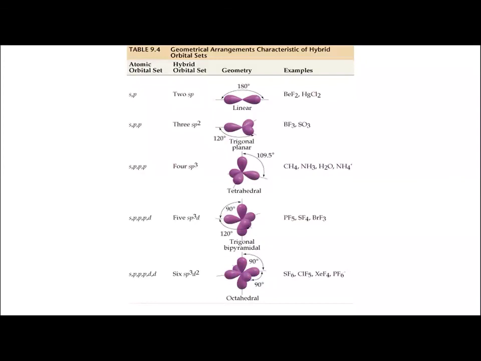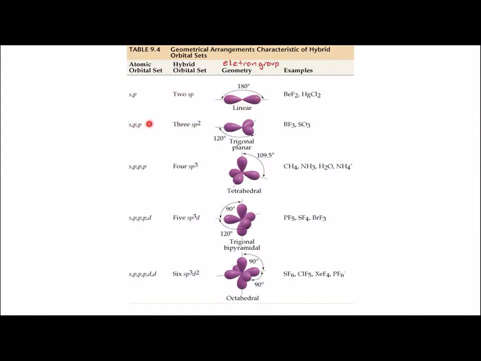So here, if we summarize our different geometries and the hybridizations that go along with those geometries, we can think the hybridization tells us the electron group geometry. So if I take two hybrid orbitals, I end up with a linear shape, or I can say it's sp.